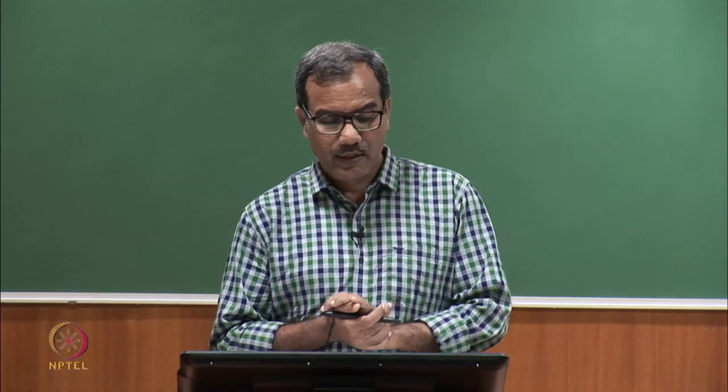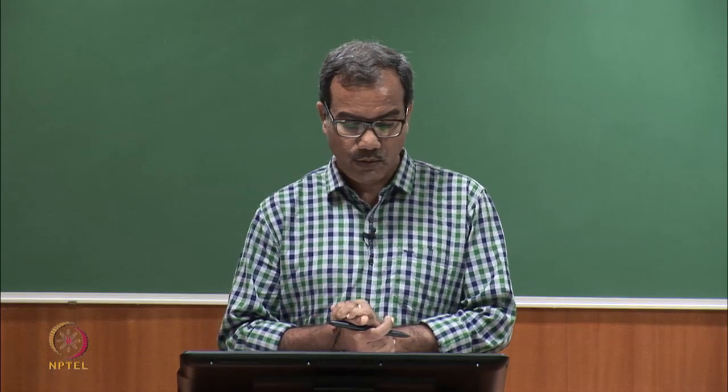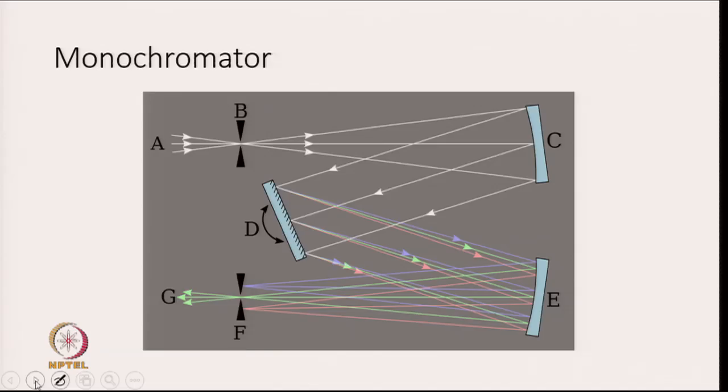Now, one of the important parts is the monochromator. What does the monochromator do? You see here is your light. Light is first reflected by this mirror, and then this goes to this D, and it basically splits this light into various wavelengths. You again keep a mirror, and now just look at what it is doing.